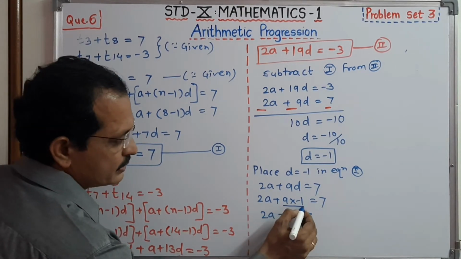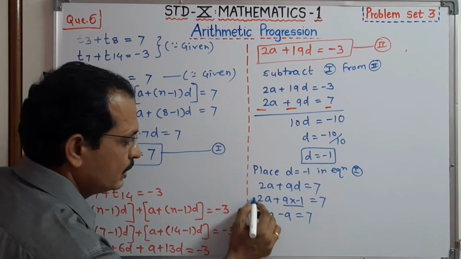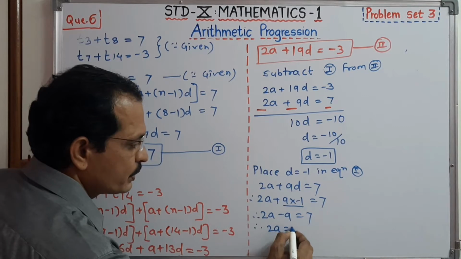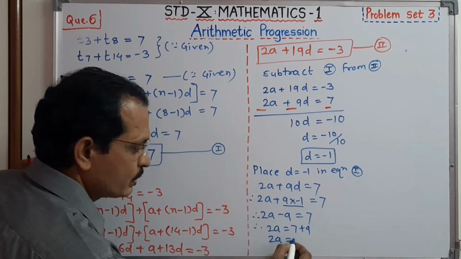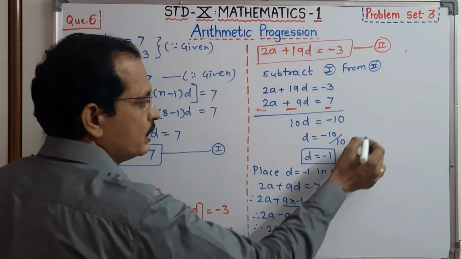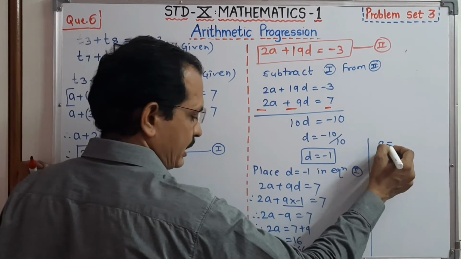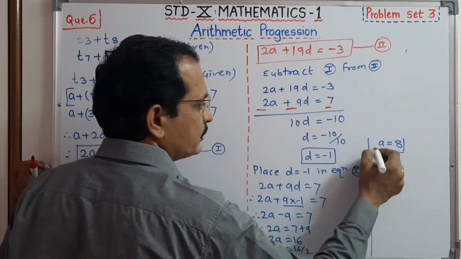All of you got this. Therefore 2A is equal to 7 plus 9. Therefore 2A is equal to 16. A is equal to 16 upon 2. Therefore we got here A is equal to 8.